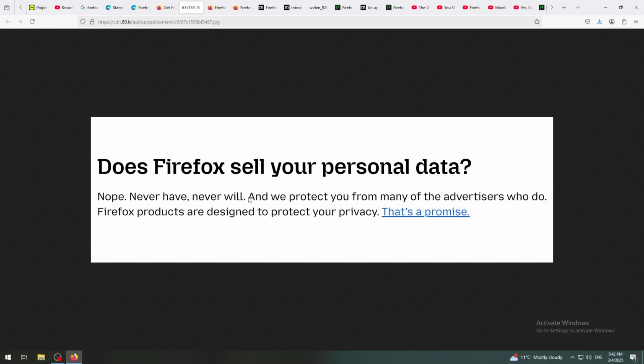This is like the milestone, the stepping stone of the Mozilla company. And it's also very funny because they say that's a promise. So we know that promises can be broken and false, and people lie, and actually that's what happened with Mozilla.